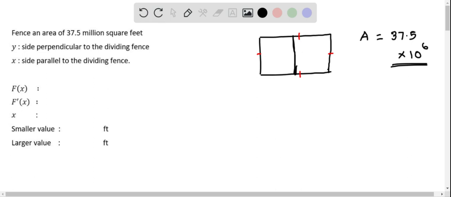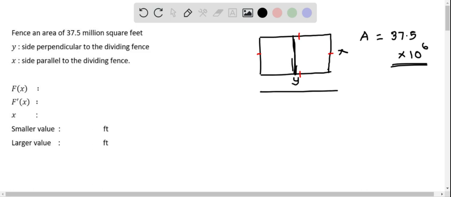So if the farmer is dividing like this, then the side perpendicular to the dividing fence is this side. So we can represent this as y, and the side which is parallel to the dividing fence is this side. So we represent this as x.